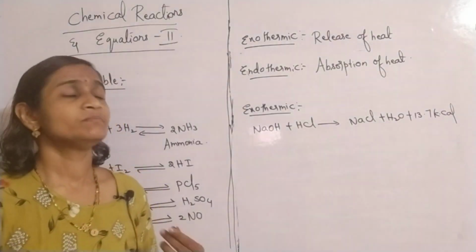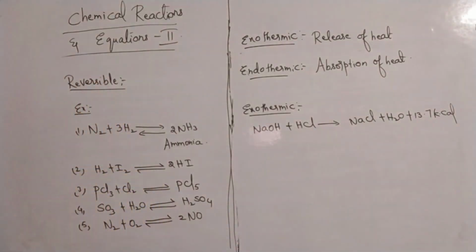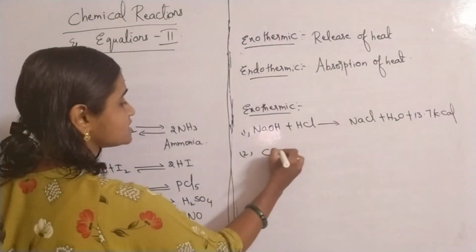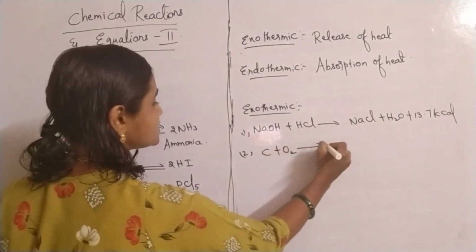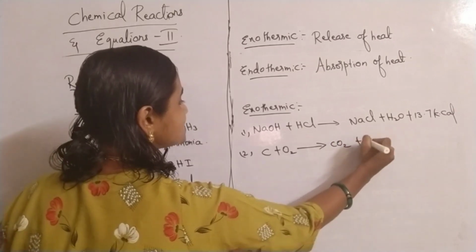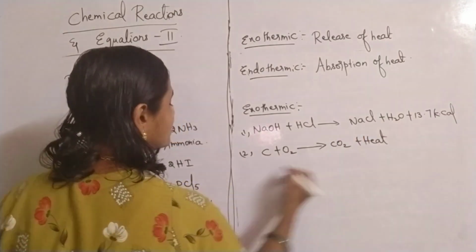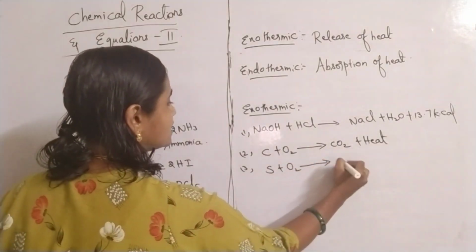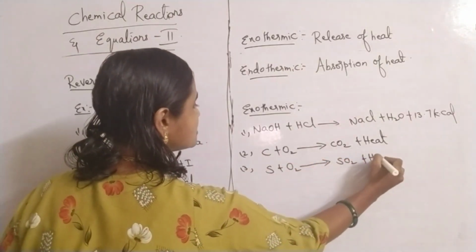Heat is released, which means exothermic reactions. Same like that, burning of fuels, a lot of heat energy is liberated. C plus O2 gives rise to CO2 plus heat energy. Same like that, S plus O2 gives rise to SO2 plus heat energy.